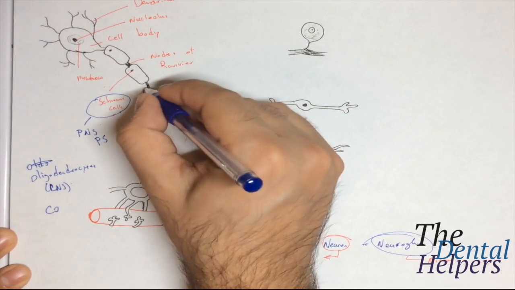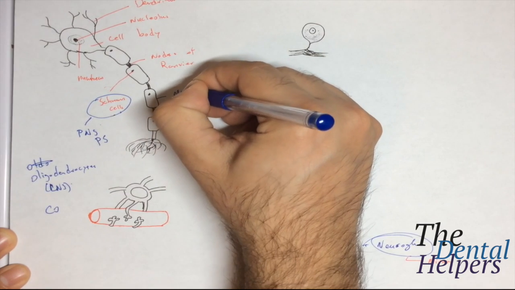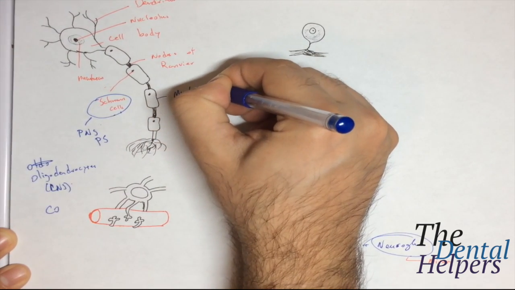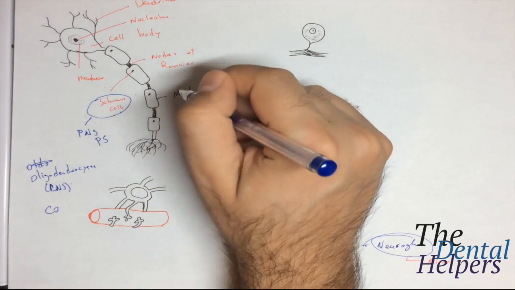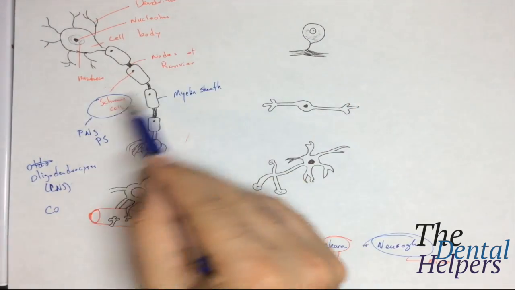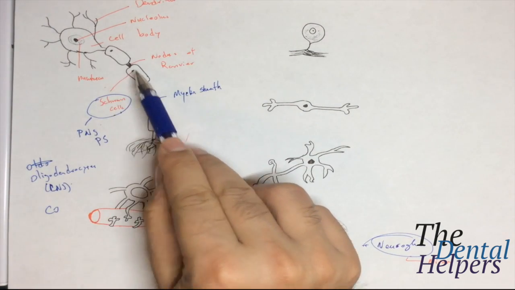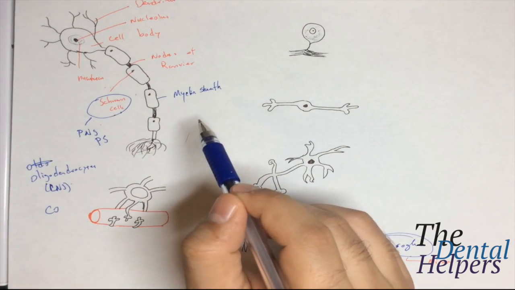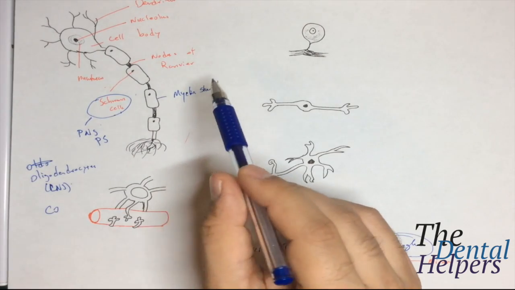These bigger bubbles are the myelin sheath, and just keep in mind, the myelin sheath are these fatty concentric coatings that are basically wrapping around each of these axons between each of the nodes of Ranvier.